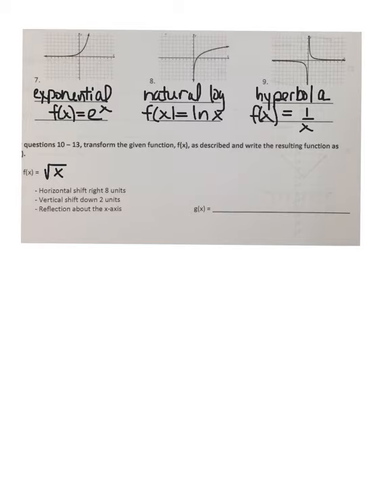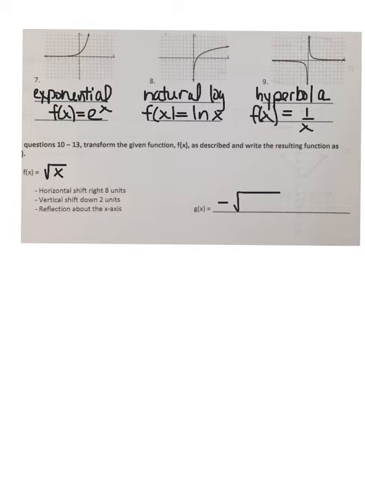All right, now let's look at number 10. Number 10 is giving you the parent function, and it wants you to perform a couple of transformations. So we've got a horizontal shift, a vertical shift, and a reflection about the x-axis. Well, I know when I reflect about the x-axis, I'm going to have a negative in front.